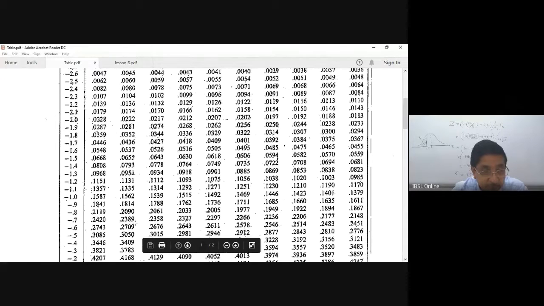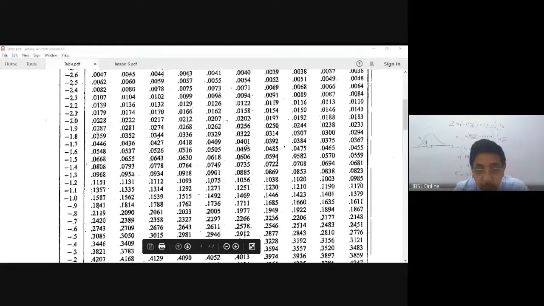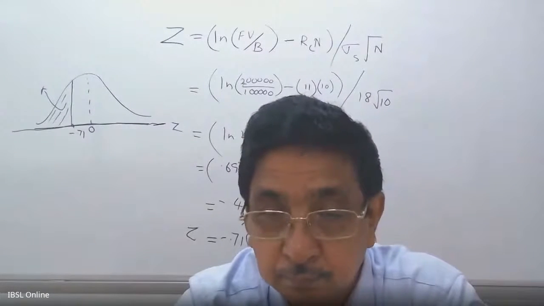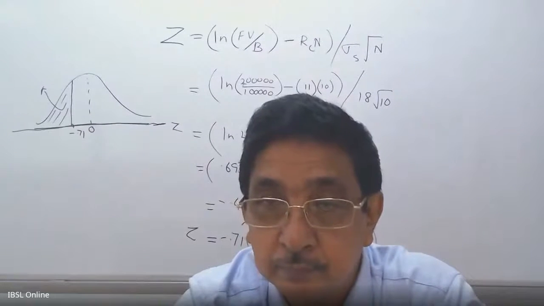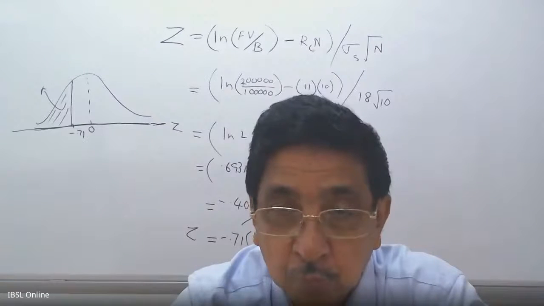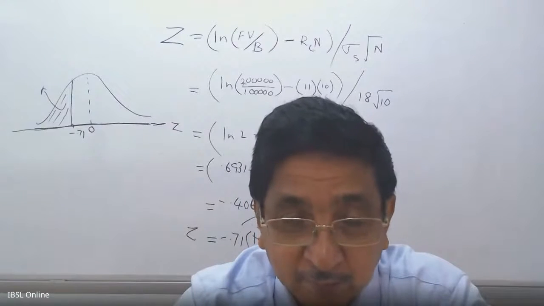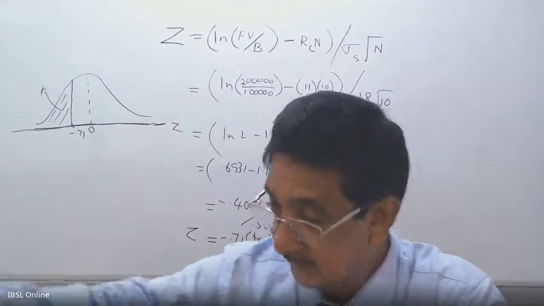Then this is the value. 0.2389 will be the value. Now I will show you what this 0.2389 is.